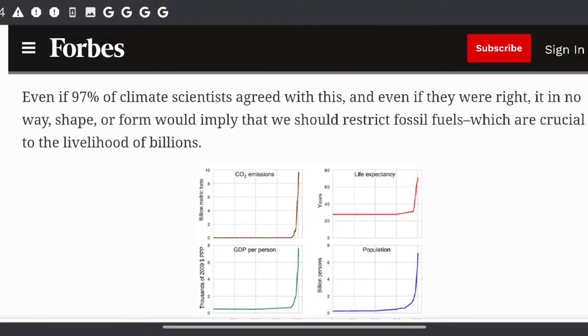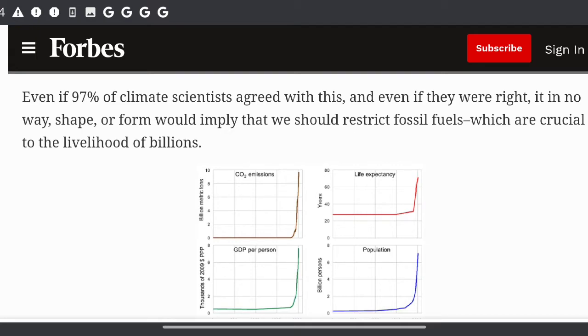Even if 97% of climate scientists agree with this, and even if they are right, it should in no way, shape or form imply that we should reject fossil fuels, which are crucial to the livelihoods of billions. And you're going to see down there, this is an important little factoid. Look at these 4 data sets here.